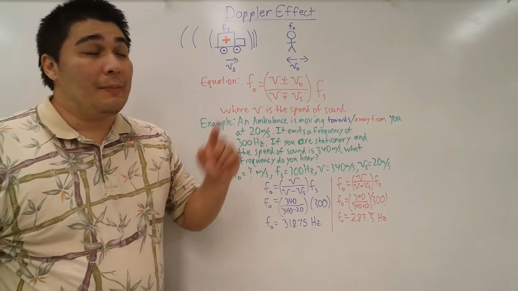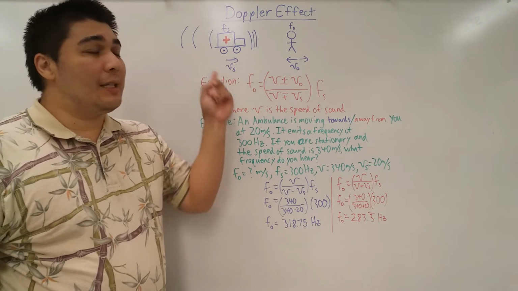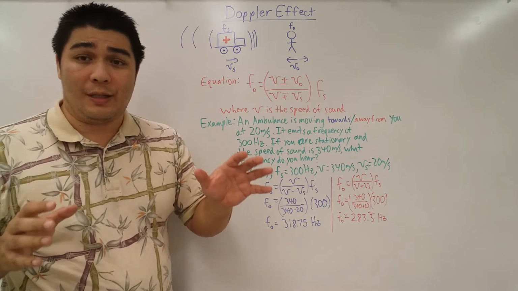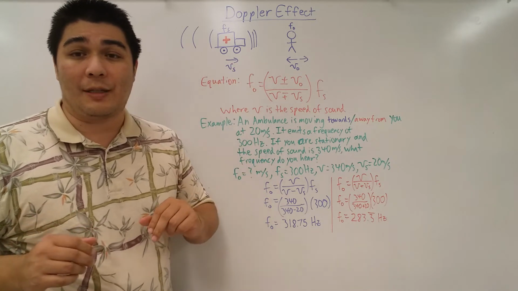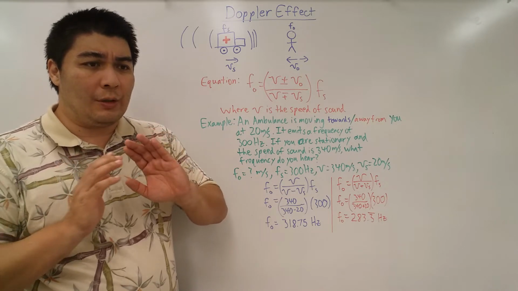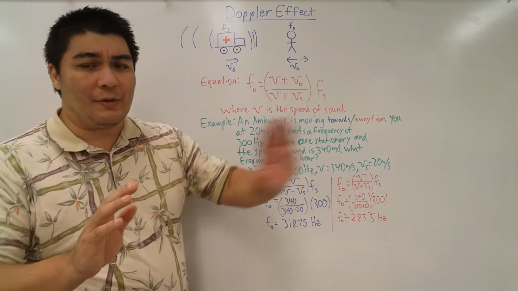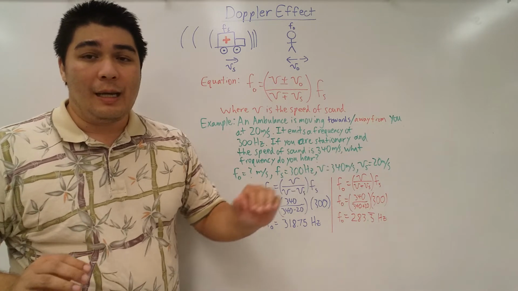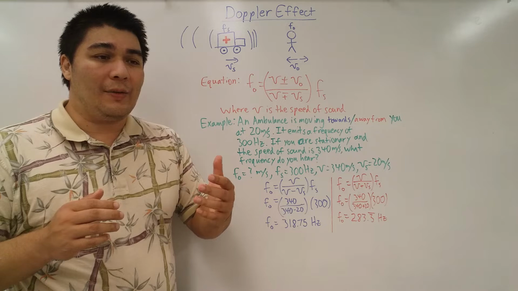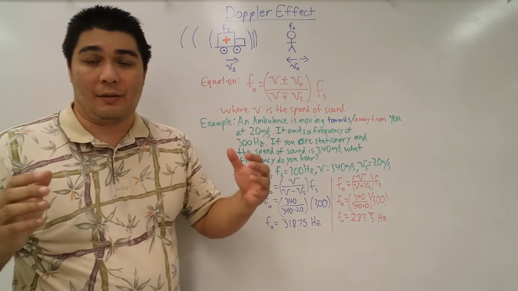Here's what's happening. Instead of thinking of the sound from the source, in this case the ambulance, as a continual beam of sound that comes out, think of it as something that is pulsing.